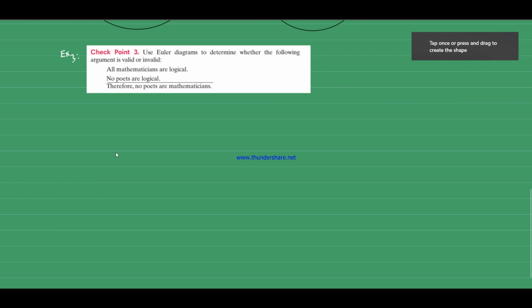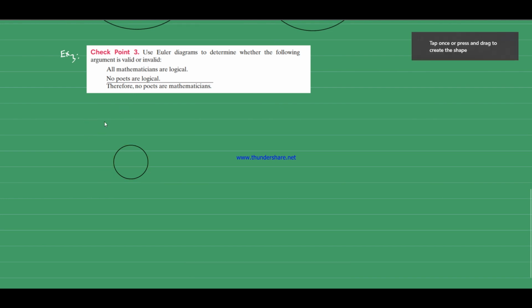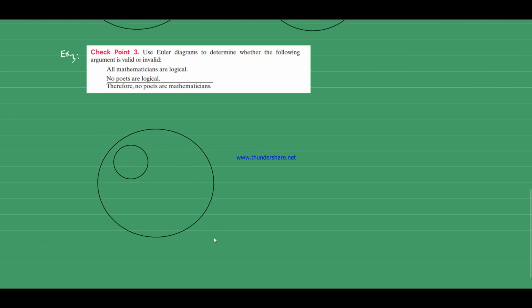All mathematicians are logical, so mathematician represents inside, being logical represented by the circle outside. So of course the picture right now satisfies the first premise.